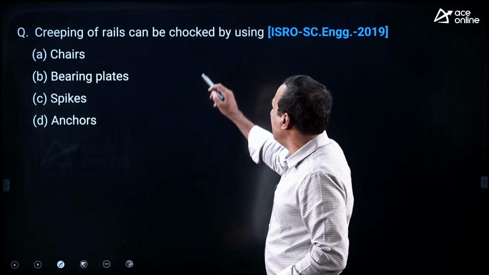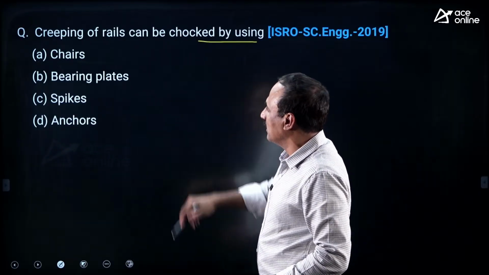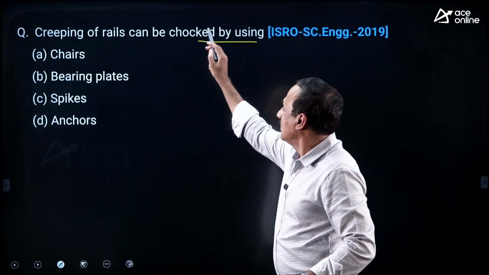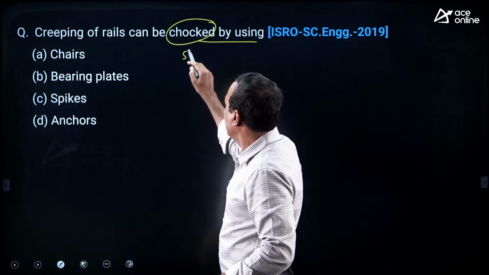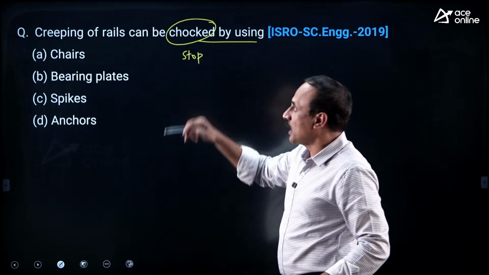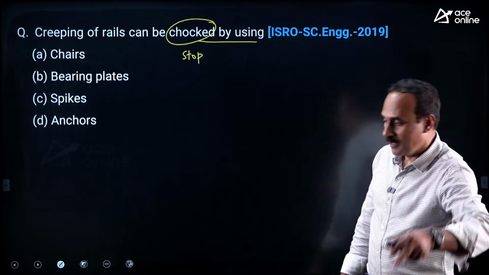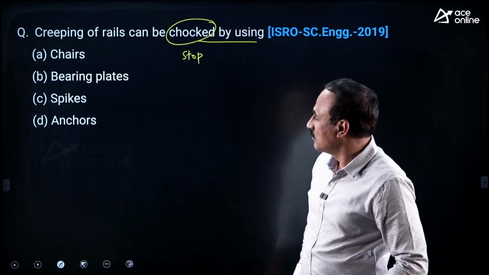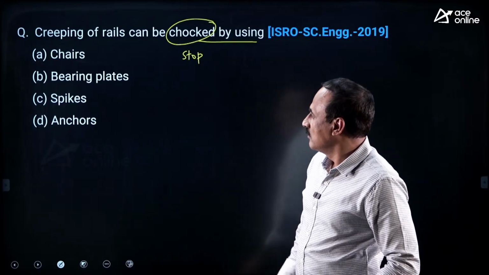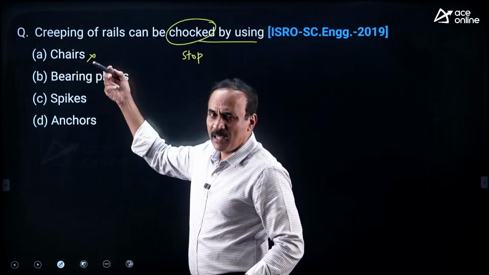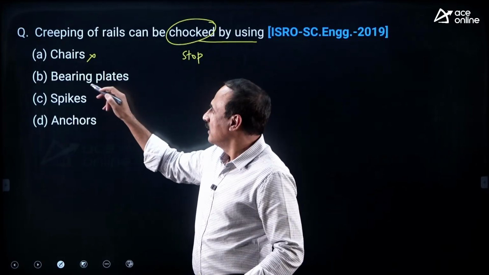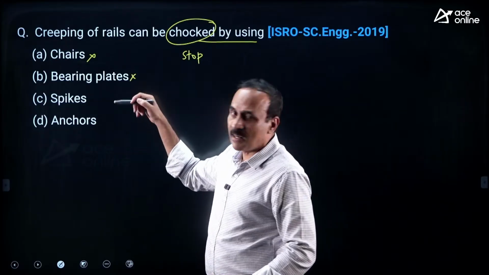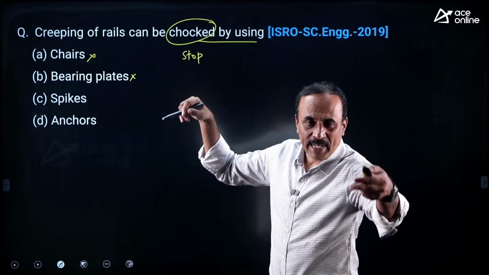Creeping of rails can be choked by using, choked meaning stopped by. How to stop the creeping, the longitudinal movement of the rails? Vicky, give me the answer. Not the chair or bearing, they are only to hold it on the sleepers. Bearing plates are also to support the rail on the sleeper.